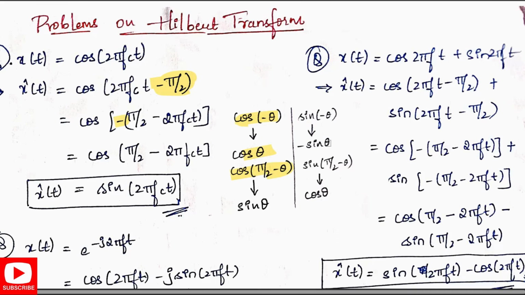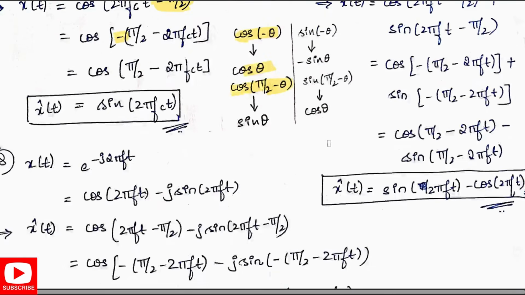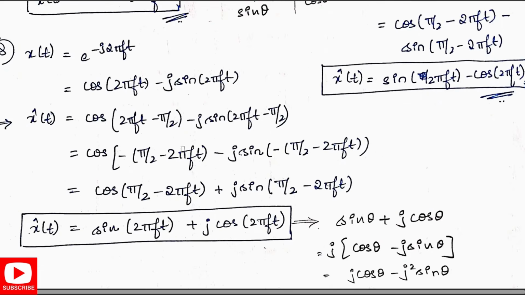Similarly, in this equation, we are having one cos and one sine. So do it separately with the formulas and taking the minus out, and so you will get the answer like this. So if we consider e power minus j 2 pi ft, then you have to write e power minus j theta as cos theta minus j sin theta, using the formula. After that, you need to subtract pi by 2 from both the angles.